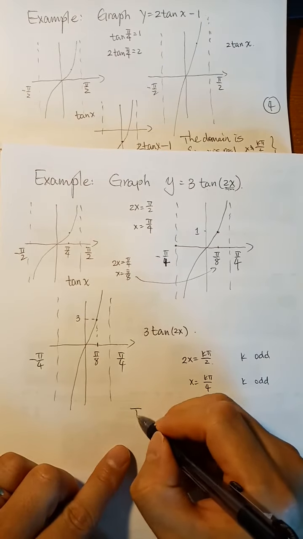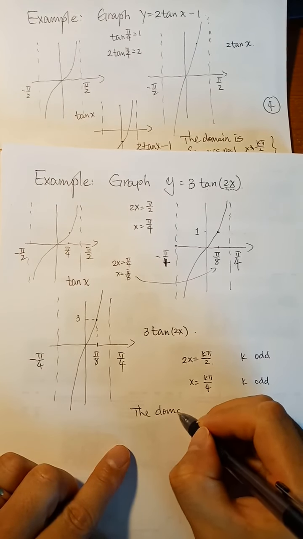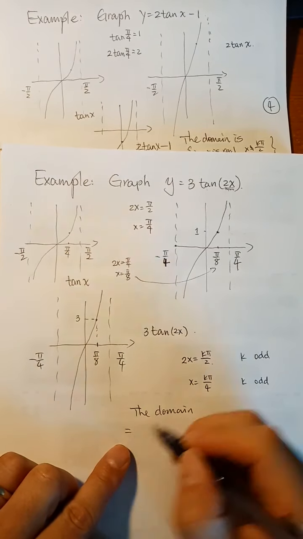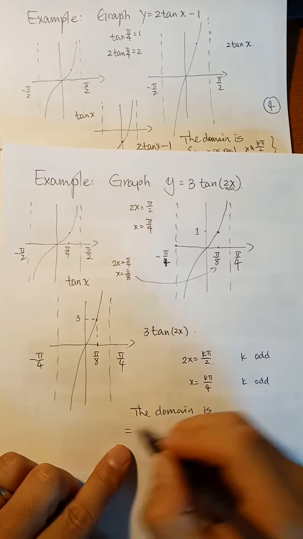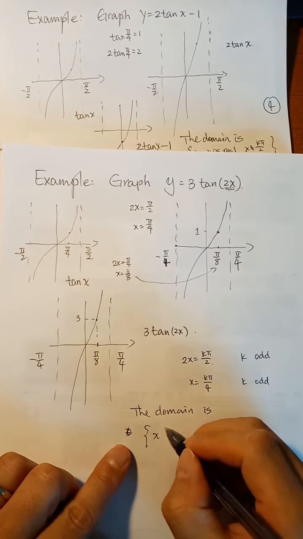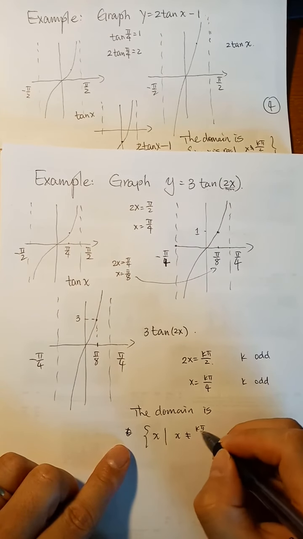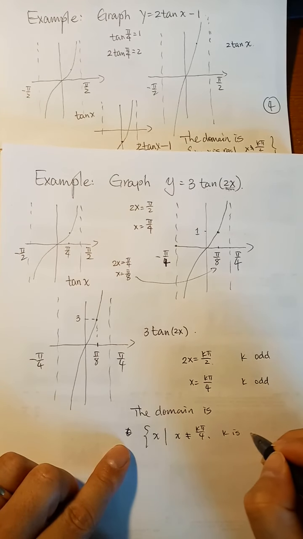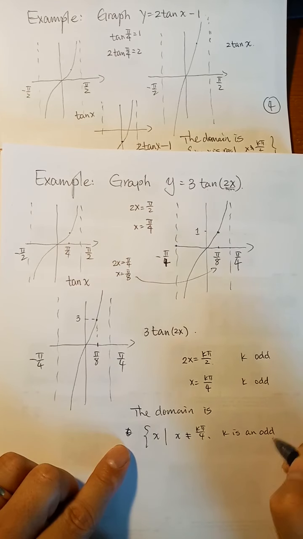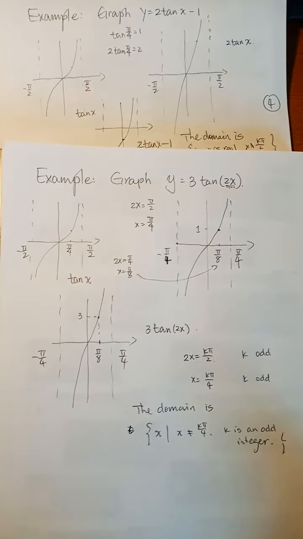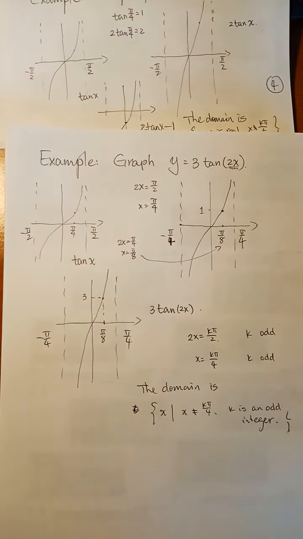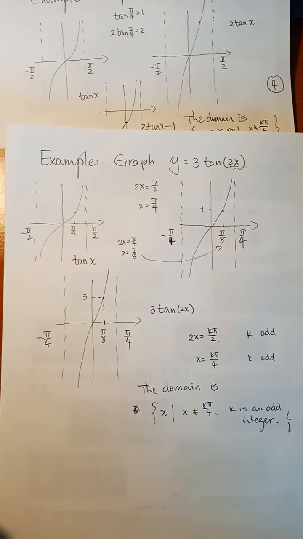So the domain is x is not equal to k pi over 4, k is an odd integer. Okay, so this is the domain. And the range is still from negative infinity to positive infinity.